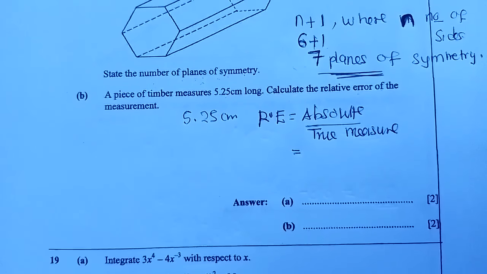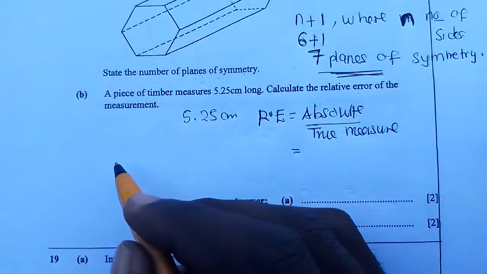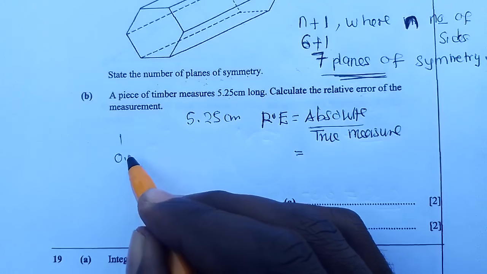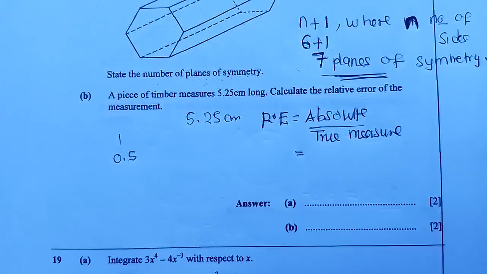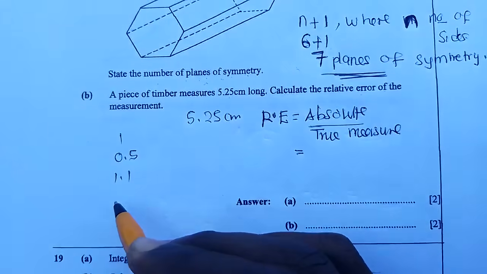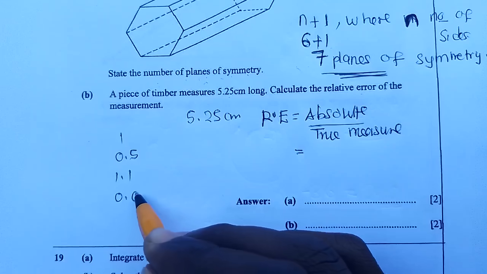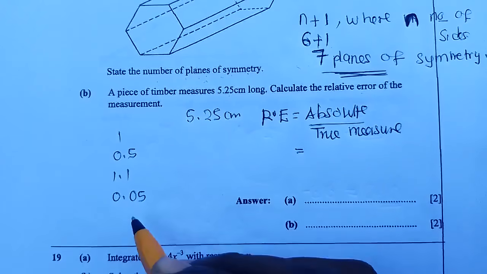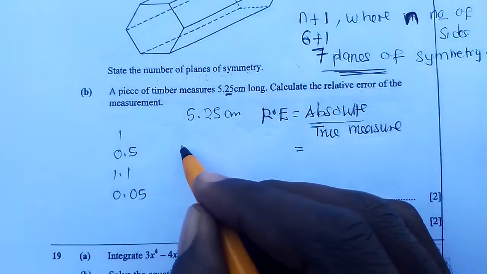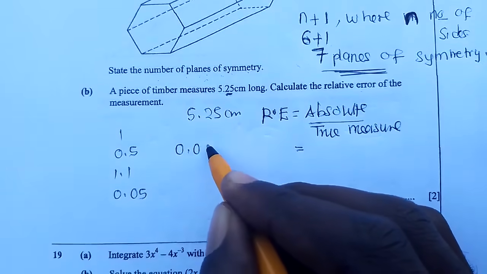Your absolute error, if the number is just 1 there, absolute error is 0.5. Have you seen? If it is having 1 decimal place, the absolute error is 0.05. If it is having 2 decimal places like in our case, it is 0.005.